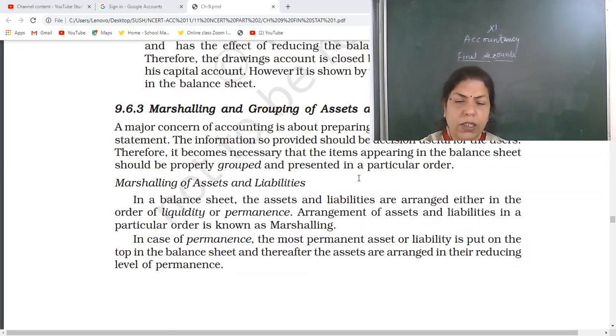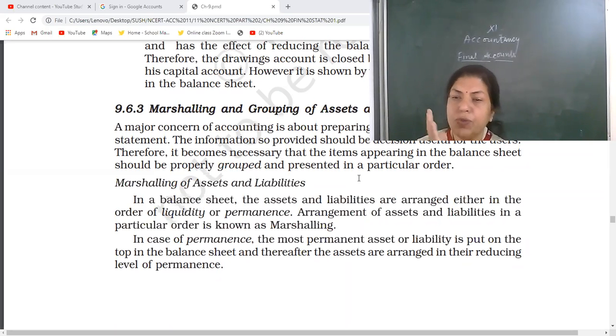But if we arrange the assets in permanence order, then see, note down please, the most permanent asset or liability is put on the top in the balance sheet. And thereafter the assets are arranged in their reducing level of permanence. What do you understand by permanent asset?